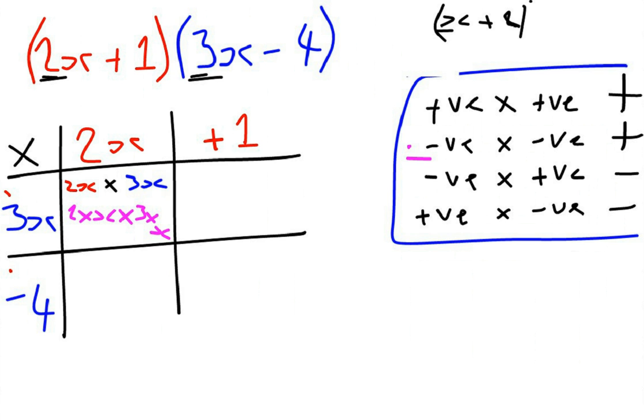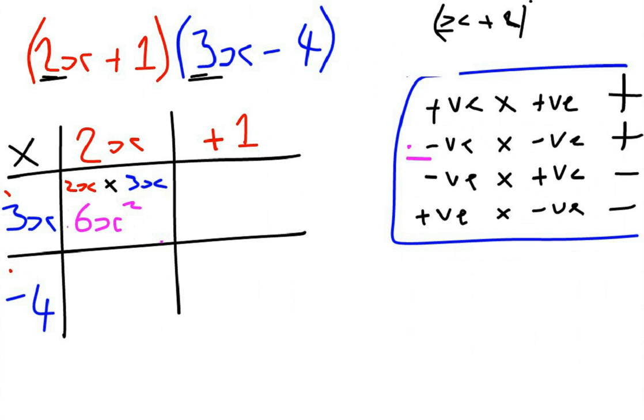What we do in this box here is we look at the numbers and we do 2 times 3, which gives me 6, and then we're doing x times x, which gives me x squared. So we're doing 2 times 3 gives me 6, and we are multiplying that by x times x, which is x squared.